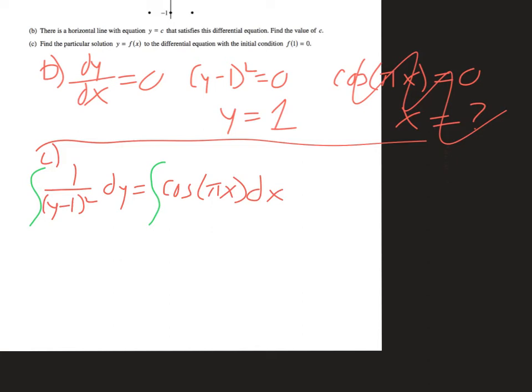So we're going to think about this really as (y minus 1) to the negative second. So add 1 to that exponent and then divide, and so you're going to get negative, oops, I want to go back to red, excuse me. We're going to get negative, divide by the negative 1, (y minus 1) to the negative first.